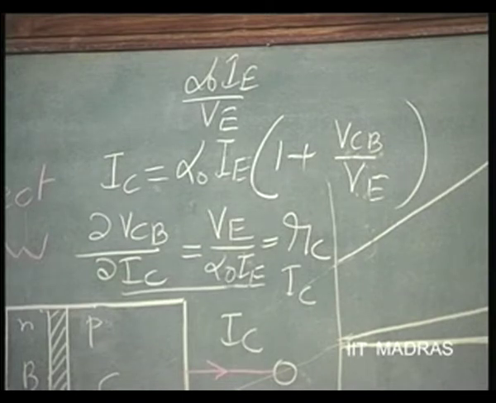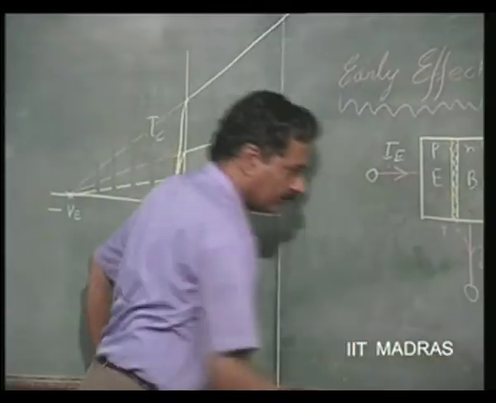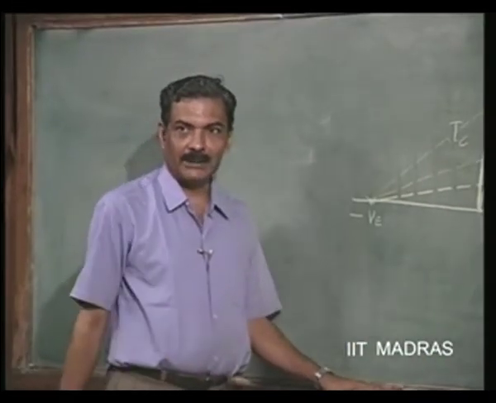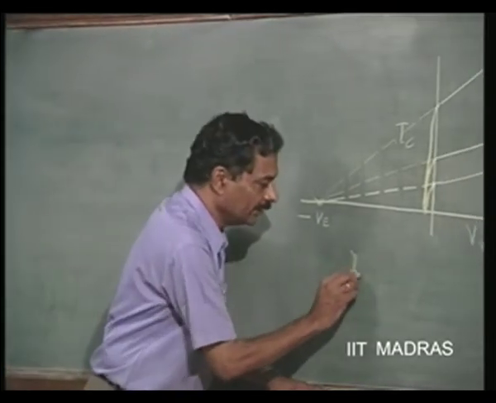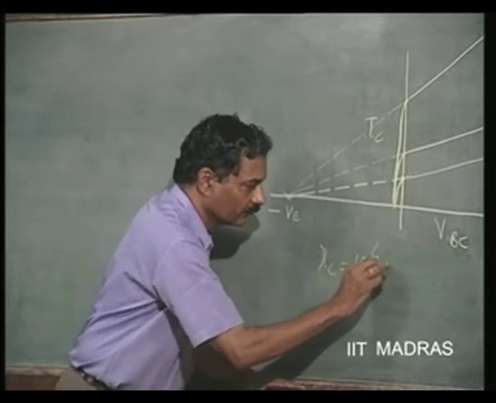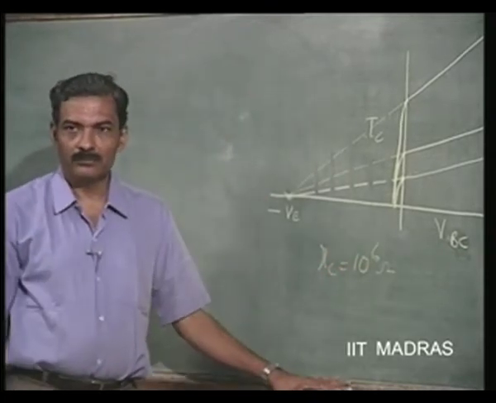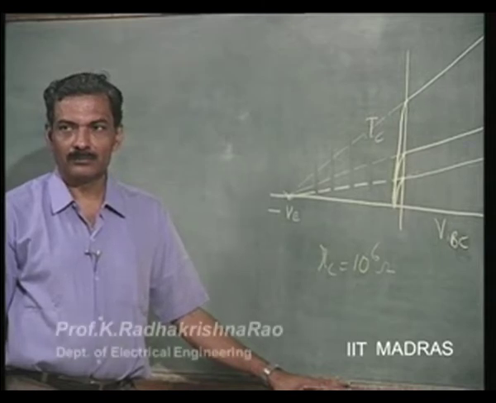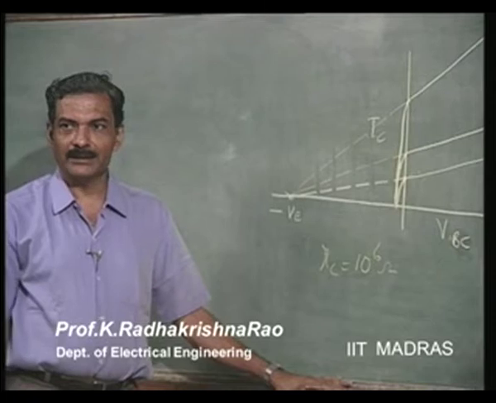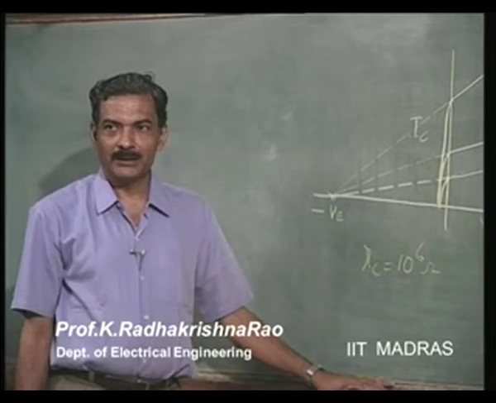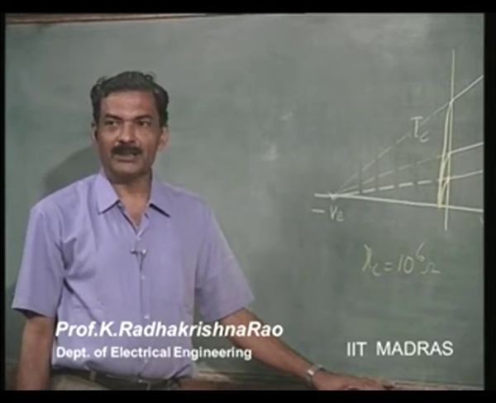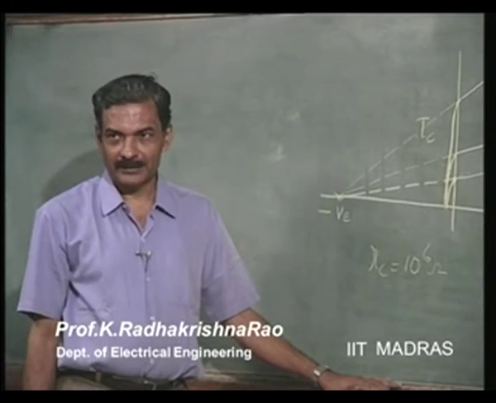Now, I would like you to compute the value of output impedance for the example that we have chosen, example 10. Determine the output resistance if RC is given as 1 mega ohm. Earlier the output resistance was 6K for the example.